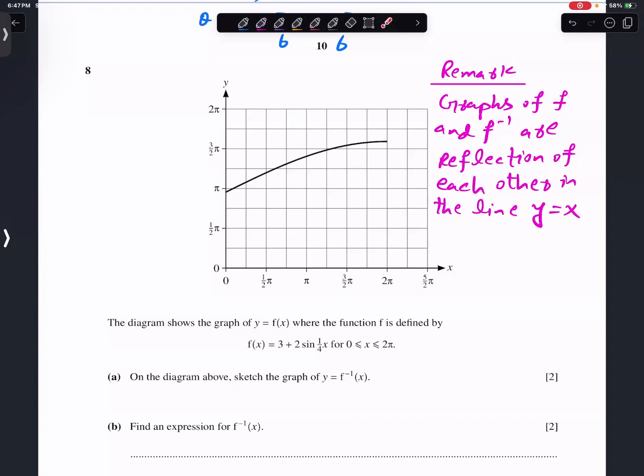So if you want to draw the graph of f inverse with the help of the graph of f, first of all you will draw the line y is equal to x. And you better know that the line y is equal to x bisects the first quadrant. It will definitely pass through these points diagonally.